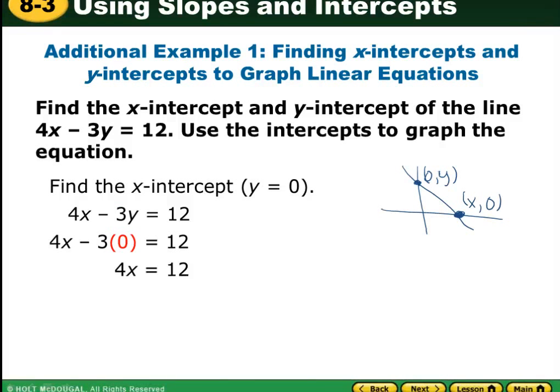And then we just basically solve this like a two-step equation for x. Now this disappears because negative 3 times 0 is 0, so we are left with 4x is equal to 12, and we divide both sides by 4, so x here will be 3. Now let's go ahead and find the y-intercept.